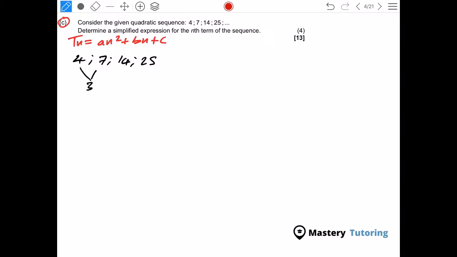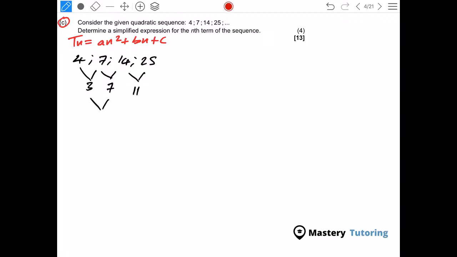Not 7 minus 1, but 7 minus 4. Then 14 minus 7, because this is term number 3 minus term number 2, which is 7. And then term number 4 minus term number 3 is 25 minus 14, which gives us 11.